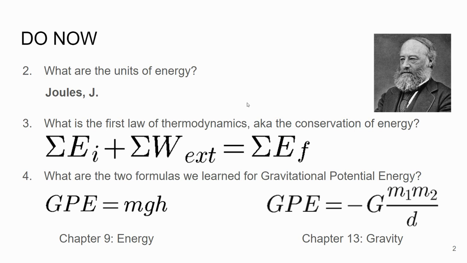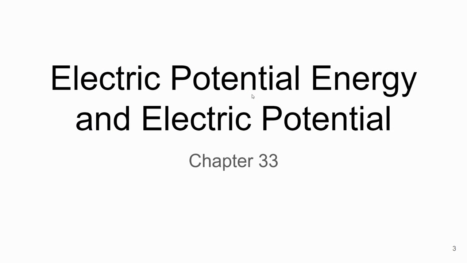And then the other one in the gravity chapter, we learned this more complicated one. GPE equals minus G M1 M2 divided by D. And that is the more general formula that works when you are dealing with big distances. So things that are falling from very far out in space towards the Earth, for example, that kind of thing.